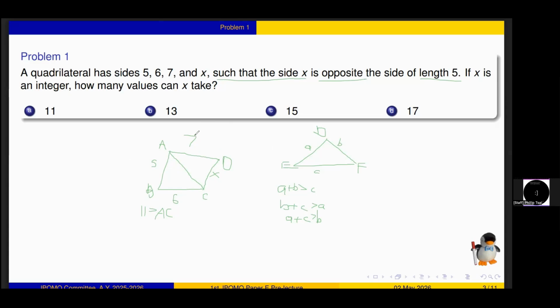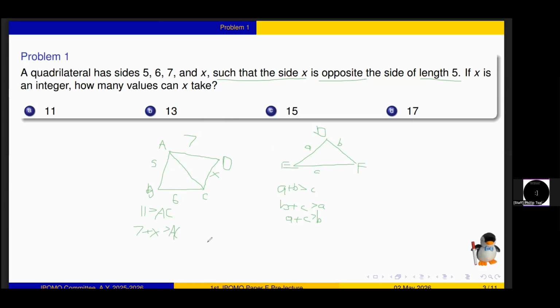We also look at triangle ACD, wherein we know that 7 plus x is greater than AC.